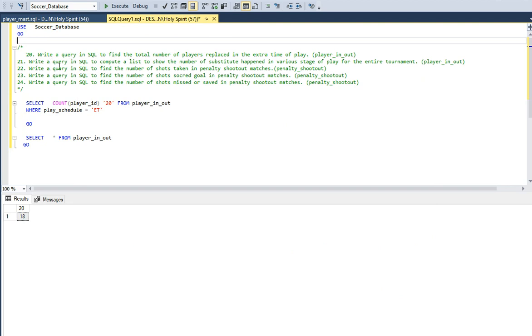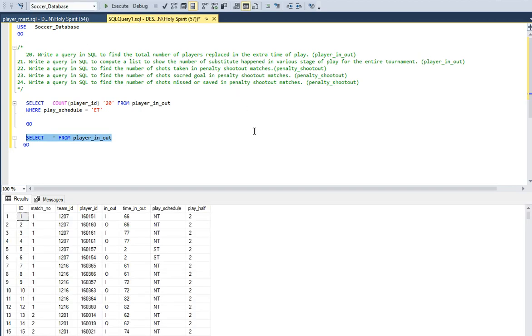So the next question is write a query in SQL to compute a list to show the number of substitutes happened in various stages of play for the entire tournament. Okay, so we divide the thing now.